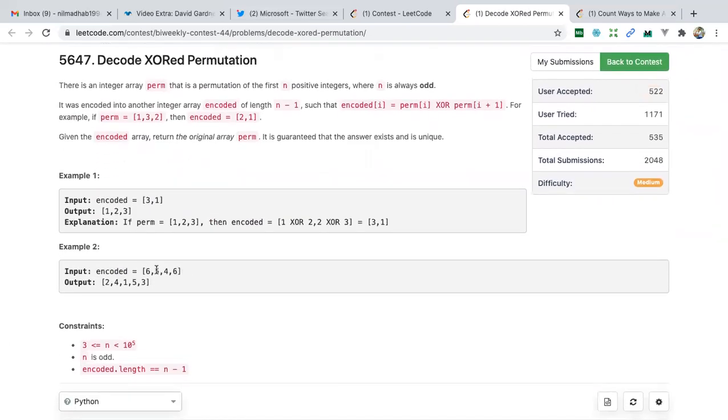And if it is, then just output this one.